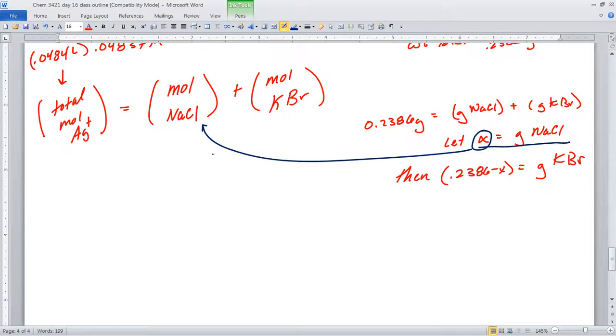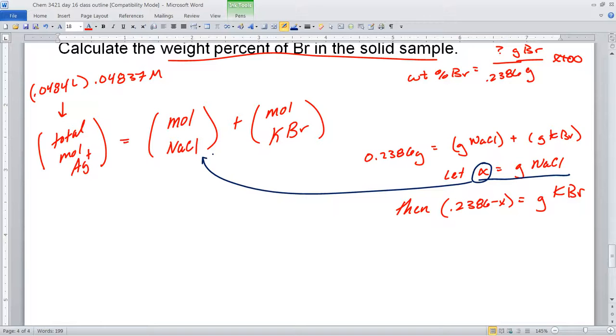So let's fix that number first. 0.0484 times 0.04837 is 2.341 times 10 to the negative 3. So that's just these two multiplied together. But if I know the grams of sodium chloride, how do you convert grams of sodium chloride to moles of sodium chloride? You have to divide it by the molar mass.